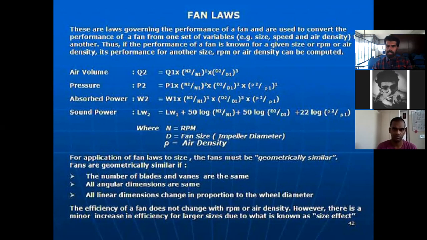When all these criteria are satisfied, then we can call them geometrically similar fans. If they are geometrically similar, you could compare and find the properties of one fan with respect to another fan. It is not an important topic, but still you should have an idea what fan laws are and why we use them.